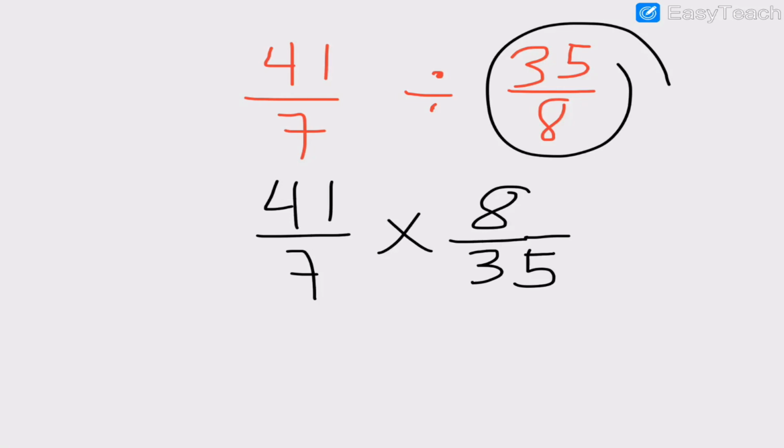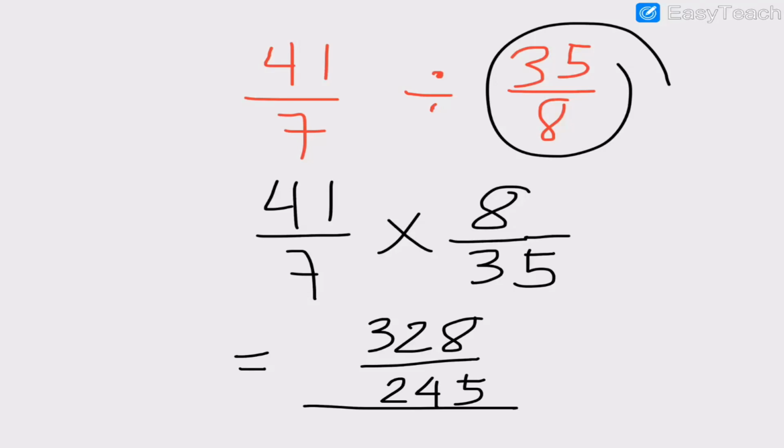We reciprocate so that we can apply the operation of multiplication. Numerator to numerator, 41 times 8 is 328. 7 times 35 is 245. Therefore, that is the final answer.